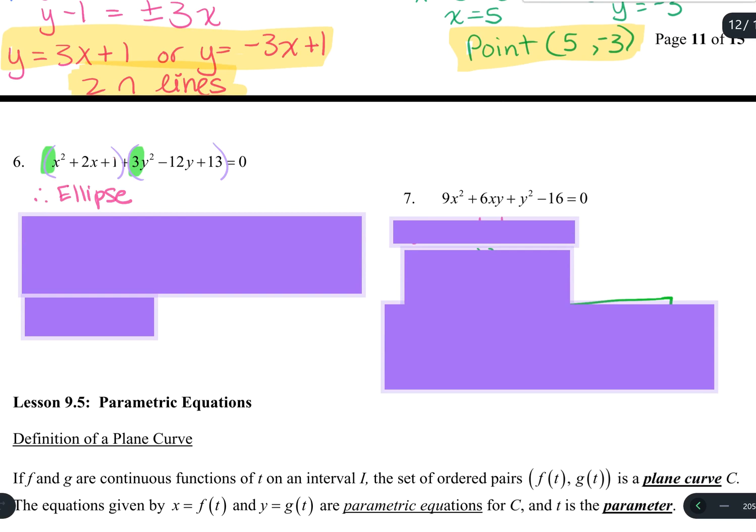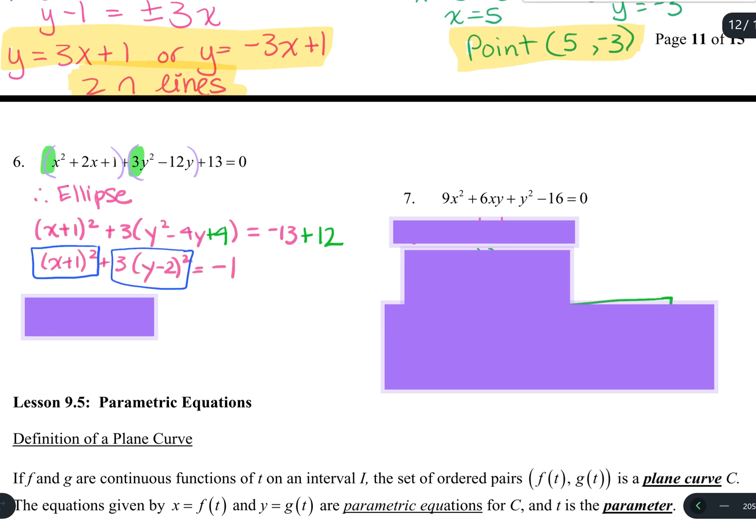I'm going to want to factor out the 3 from the y's. Actually, I'm going to move that 13 over because that doesn't help me. I don't want to factor 3 out of 13, so I'll move the 13 to the other side. The x's I'm going to group with the 1 because that factors exactly into (x plus 1) quantity squared. And then I complete the square with the y terms, and I end up with this equation.